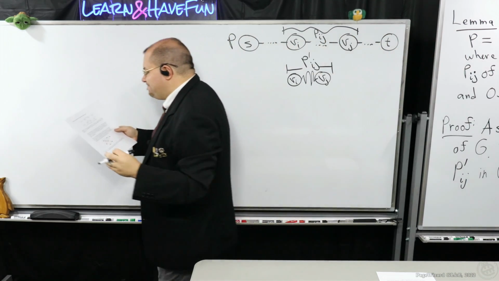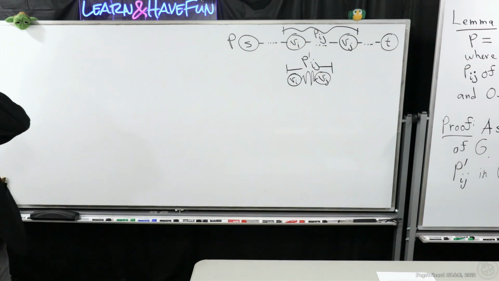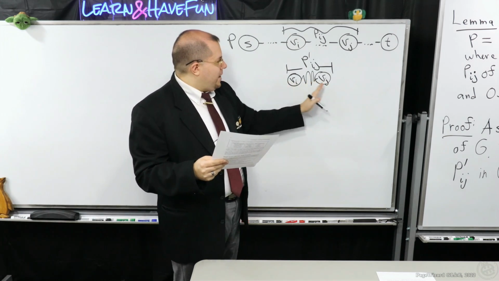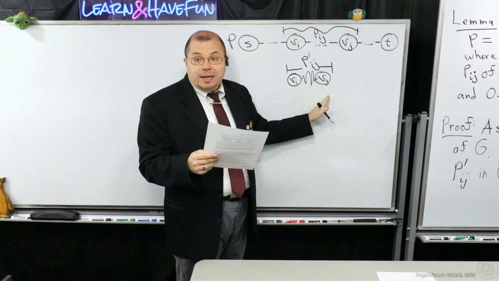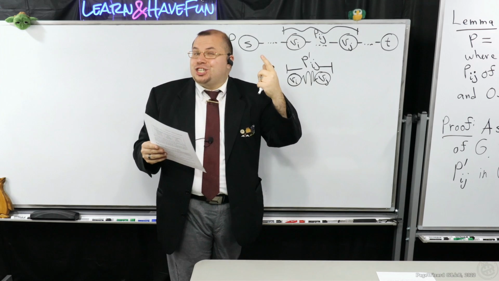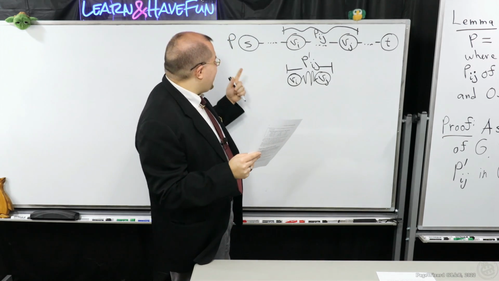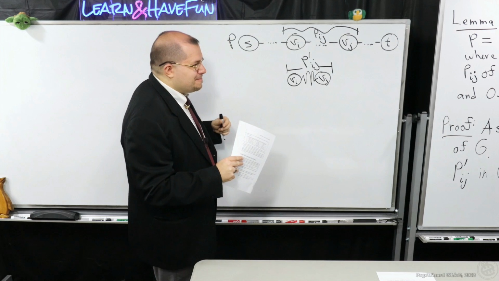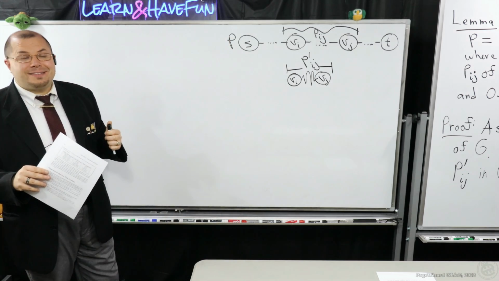Now, what I'm going to do is use the fact that I have a shorter path from Vi to Vj to build a shorter ST path. Do you see how we can do this?